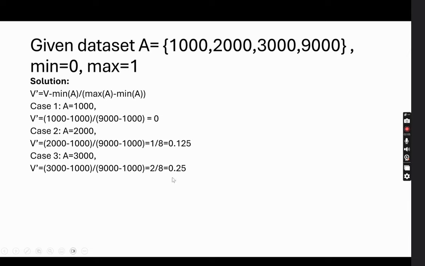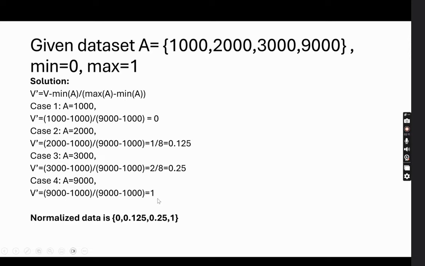In case 3, the value becomes 0.25, and in case 4, the value becomes 1. Hence, the normalized data we have calculated using min-max normalization ranges between 0 and 1: 0, 0.125, 0.25 and 1. So this is the normalized data we have calculated for the given high dimensional data set using min-max normalization.